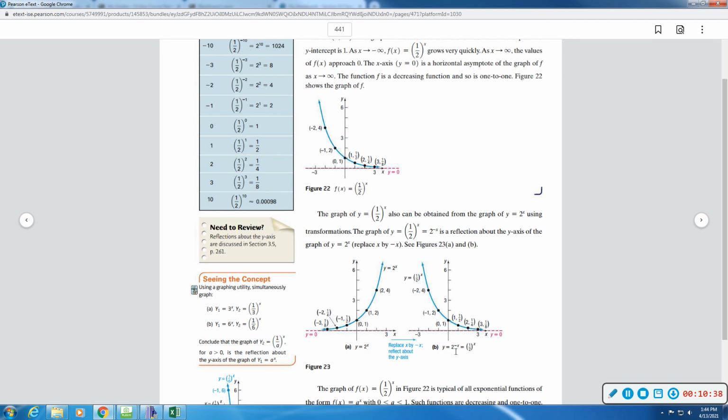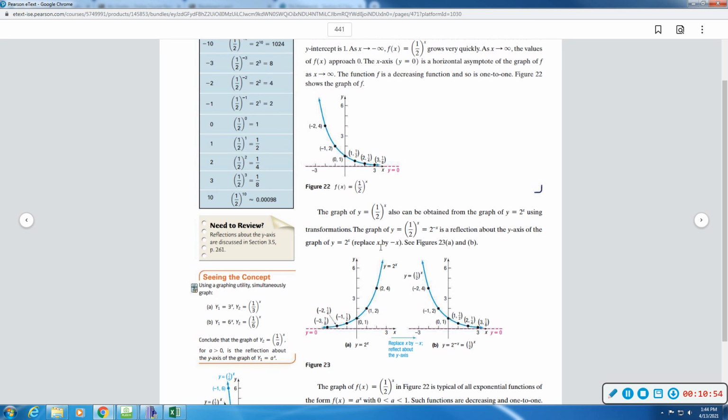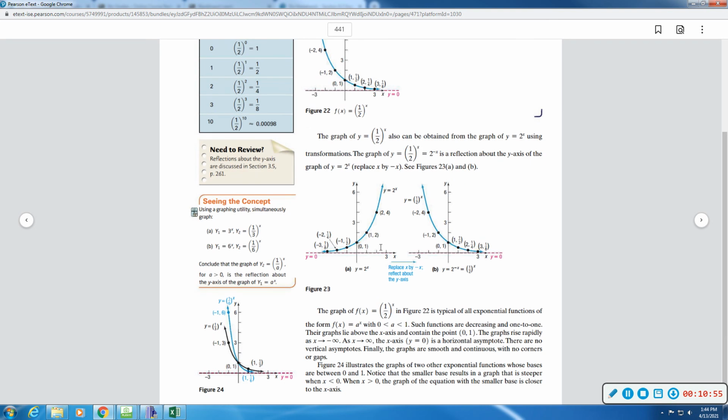It also has the same effect as if you were to flip this across the y-axis. So when you make x negative and you flip across the y, this is the image you get. It looks like decay. But when you apply properties of exponents, you can see that these two would be equal. So we will also look at transformations of these with flipping, translating, stretching, and compressing.